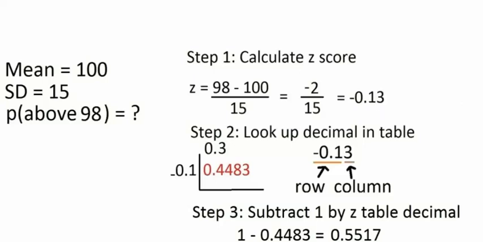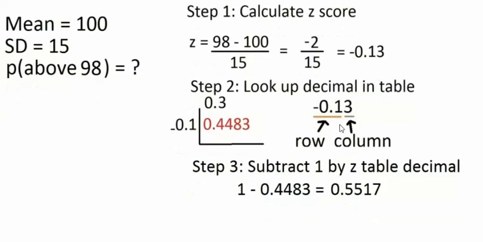So in step 2, we get our row and column. The row is negative 0.1, the column is 3, right here. And this is where they meet up. This should actually say 0.03 instead of 0.3, because the 3 is actually meant to be the 3rd digit, but I just forgot to put the extra 0 in here.